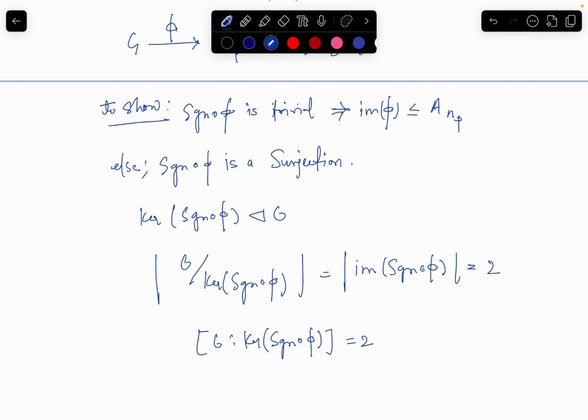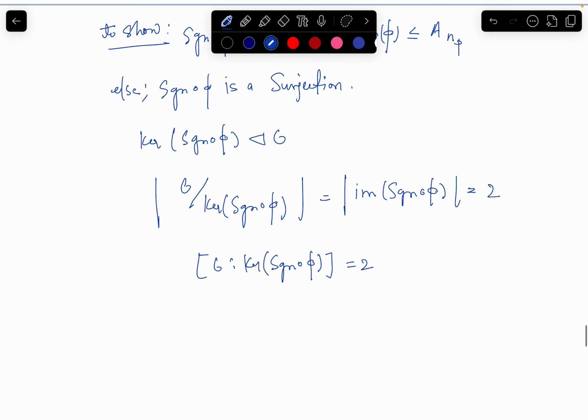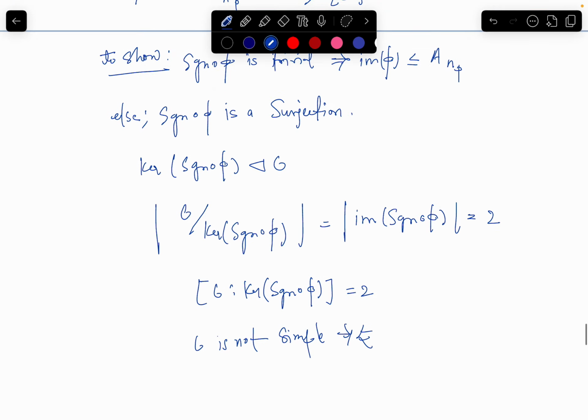So that means the kernel is normal in G, and it is not equal to identity, and in fact it is not equal to G anyway. So again we have that G is not simple, and that is not possible. So this establishes the result.